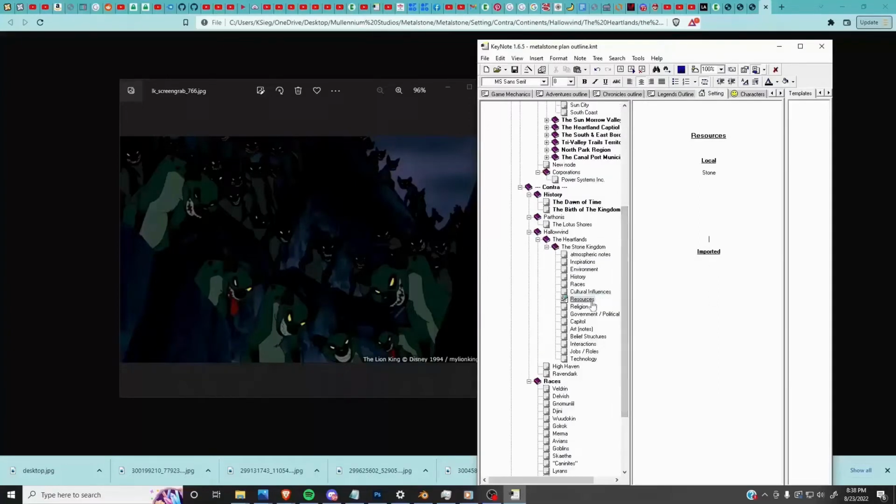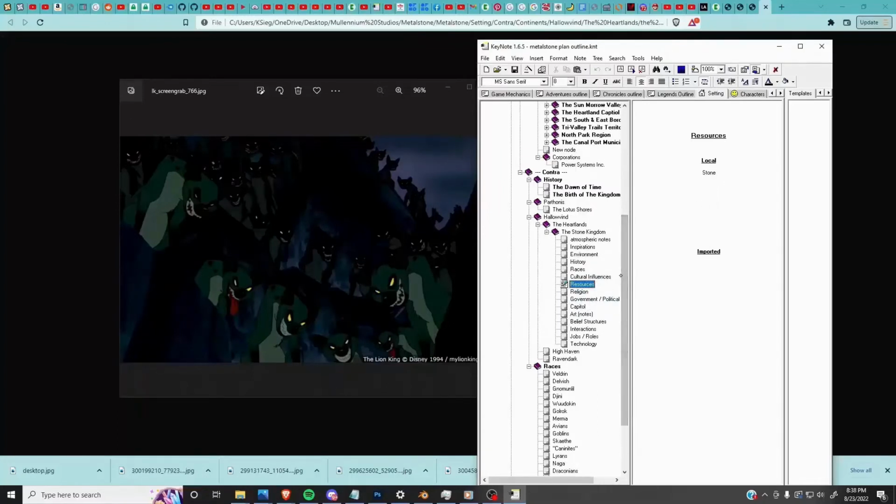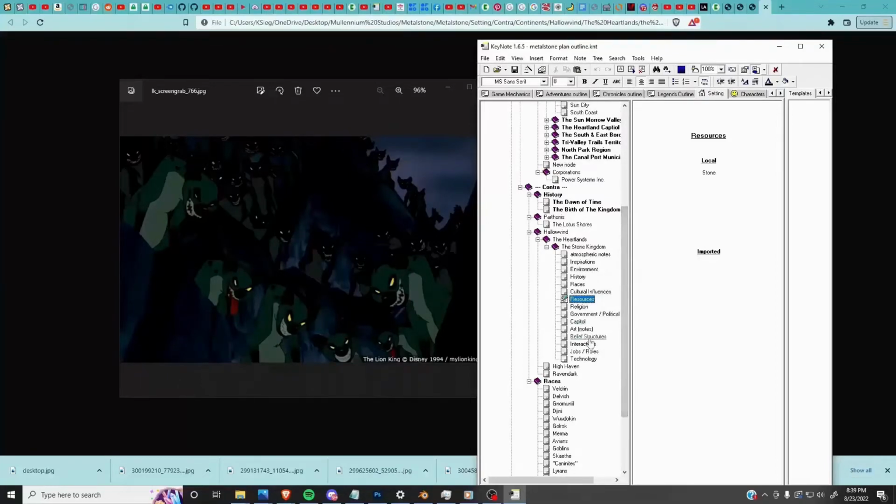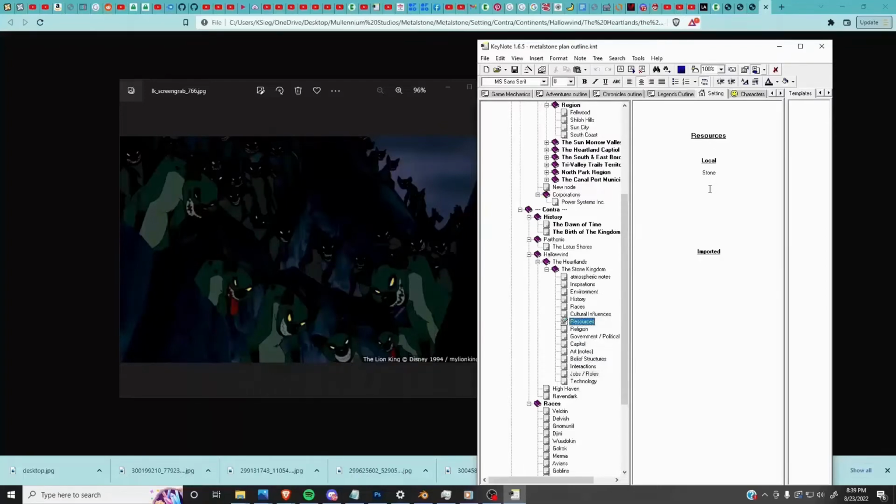They could be imported too from other areas. So since stone is a major resource, because they're going to need a lot of stone to build all the cobblestone roads and stone fortresses and stuff that would be throughout this kingdom, the kingdom would definitely need masons.